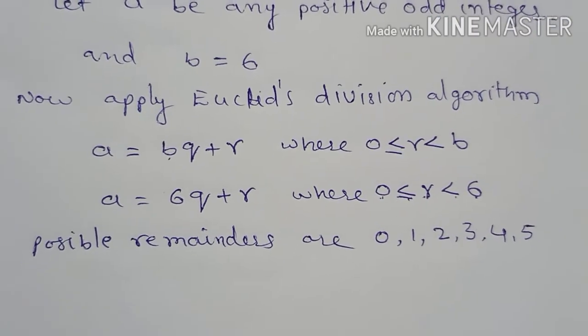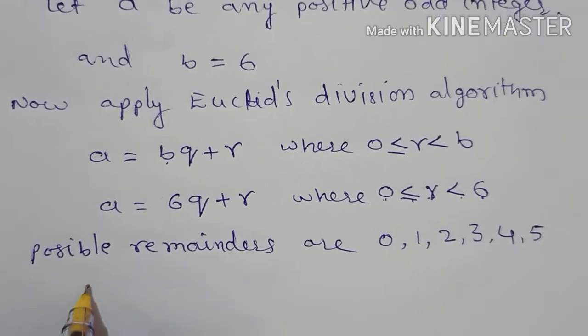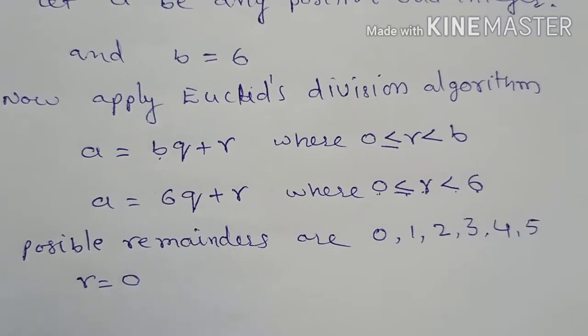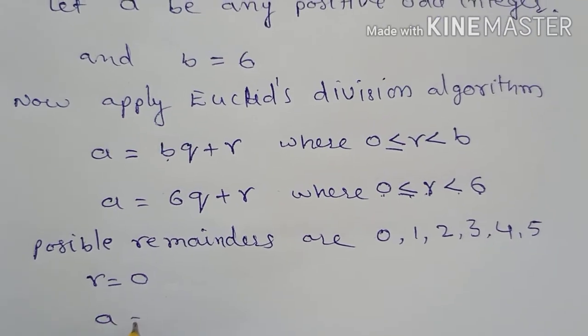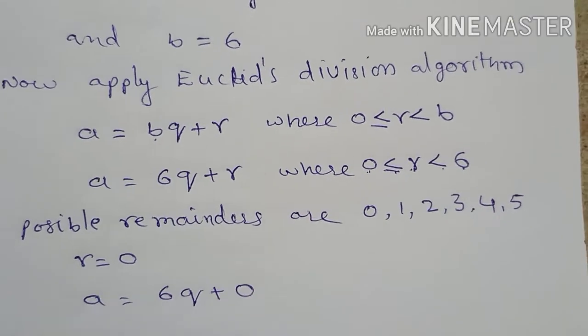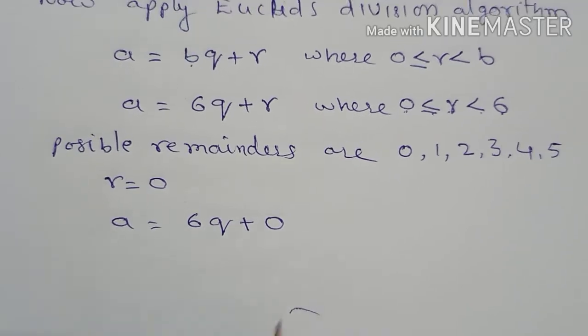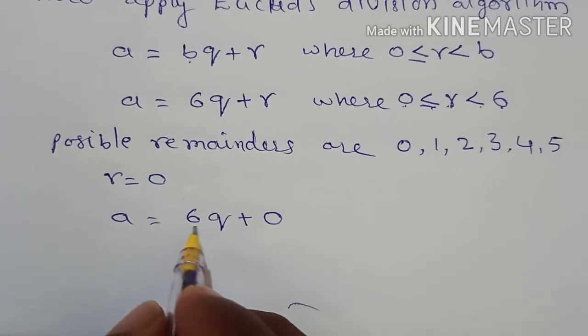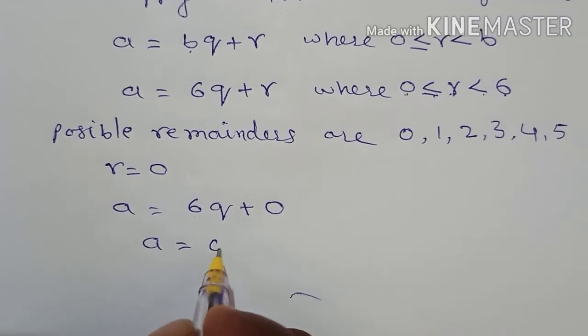These are the possible remainders. Let us take r is equal to 0. Then a is equal to 6q plus 0. The remainder is 0, so a is equal to 6q.